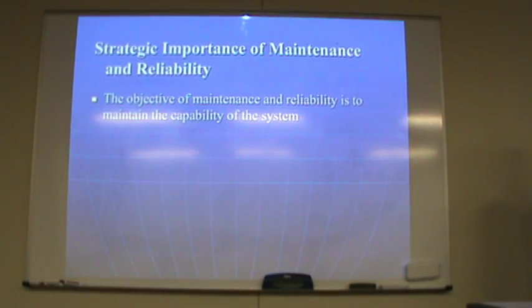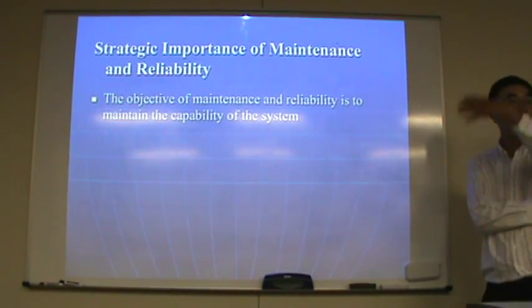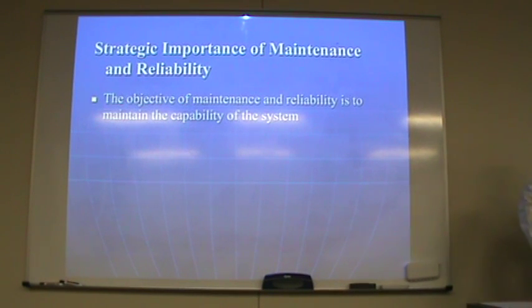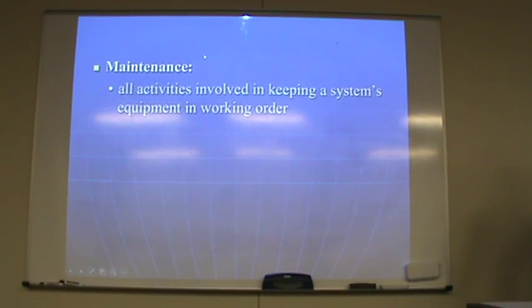The objective of maintenance and reliability is to maintain the capability of the system, always run, right? Without breakdown. Maintenance means all activities involved in keeping systems, equipment in working order. So, keeping the system work.